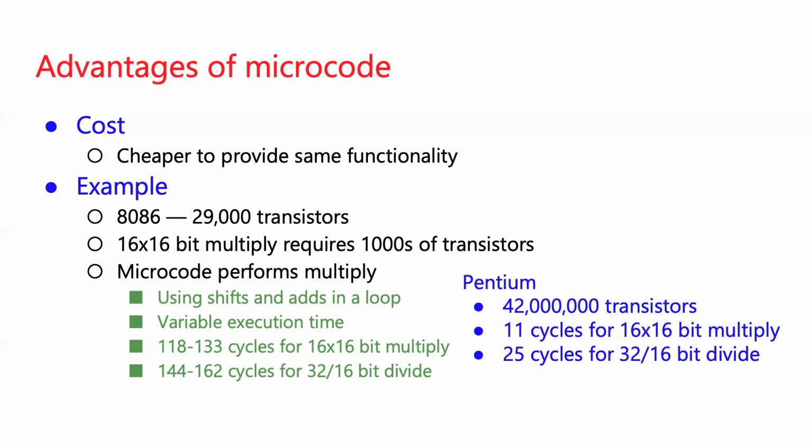With more dedicated hardware for basic operations like this, the cost of a multiply was down to 11 cycles for a 16 by 16 multiply. For the same division operation, down from around 150 cycles to around 25 cycles.